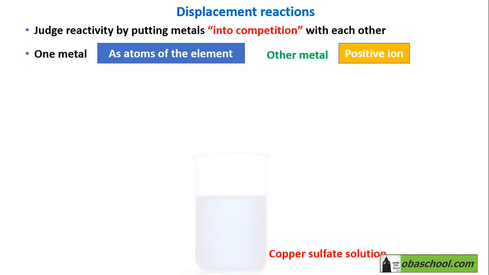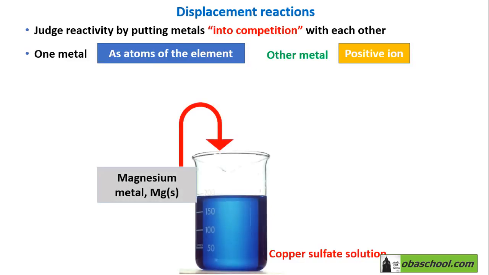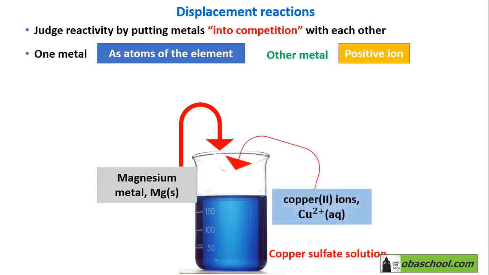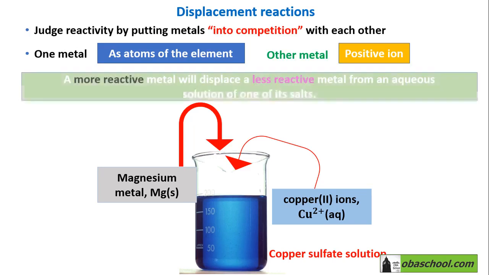For example, you might have magnesium metal, which is Mg in a solid state, and copper 2 ions, which are Cu2+, in a solution of copper sulfate. And a more reactive metal will displace a less reactive metal from an aqueous solution of one of its salts.